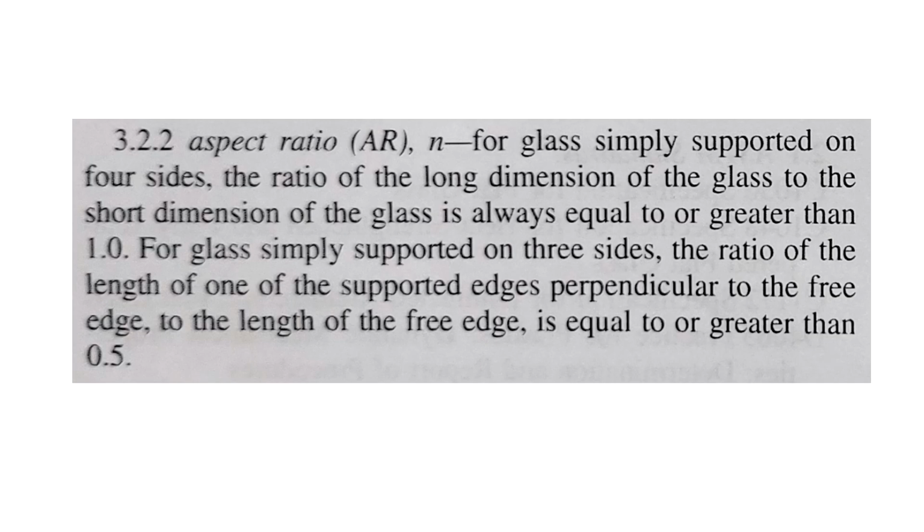So if your supported edge was 2 feet and your free edge, perpendicular to that supported edge, was 4 feet, 2 divided by 4 would be 0.5. Possibly they don't make glass where the free side on a three-sided support is more than twice as long as a supported side. Okay, so here we go.